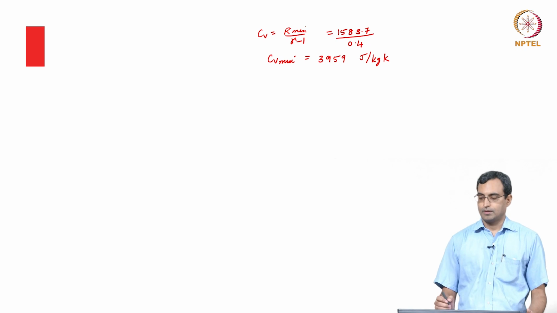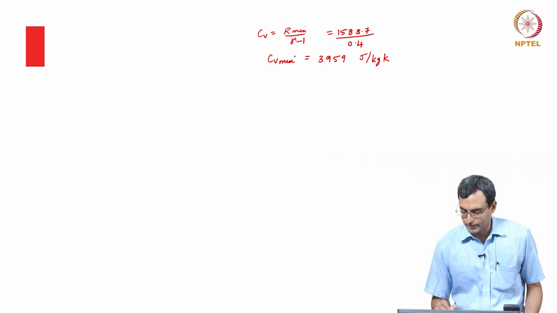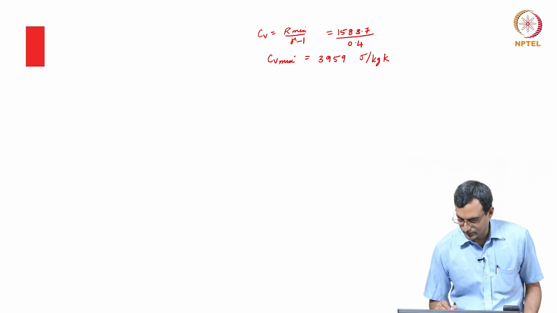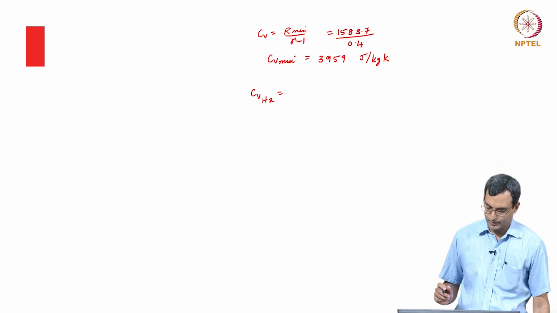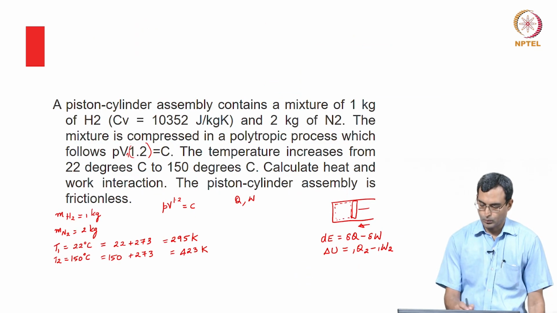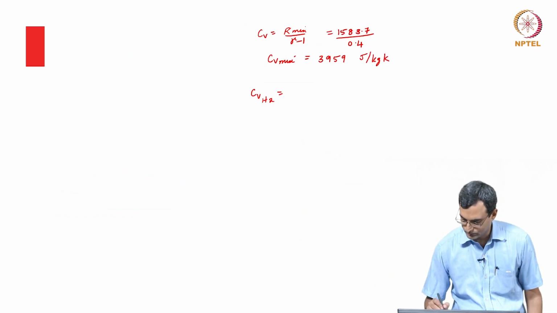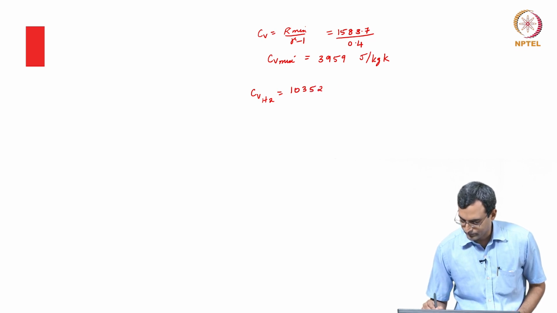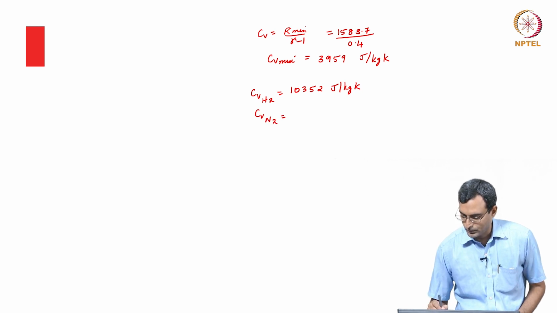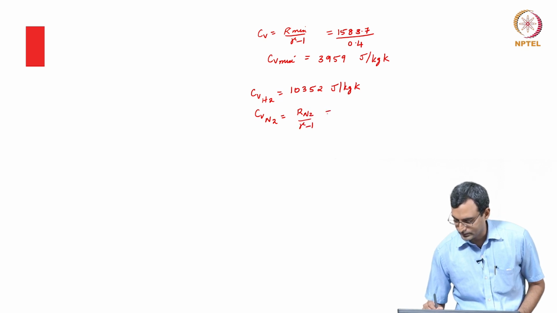What I could have also done is take individual CVs. In this case, the value for hydrogen was given as 10352. Find out the CV of nitrogen, which is R nitrogen by gamma minus 1.